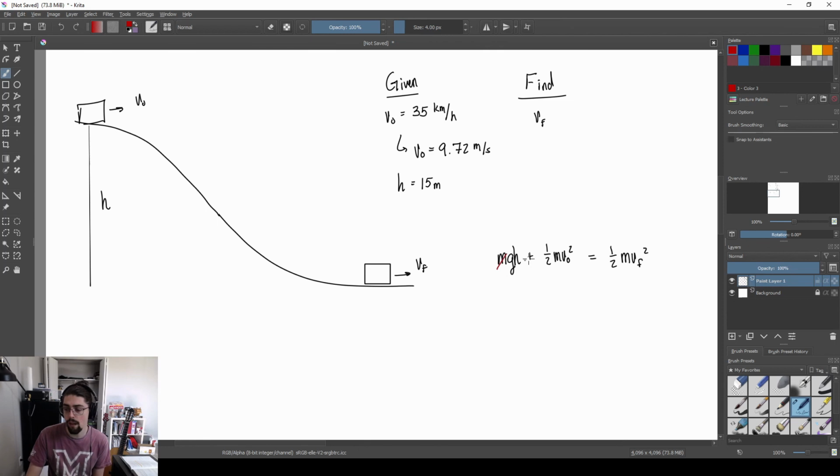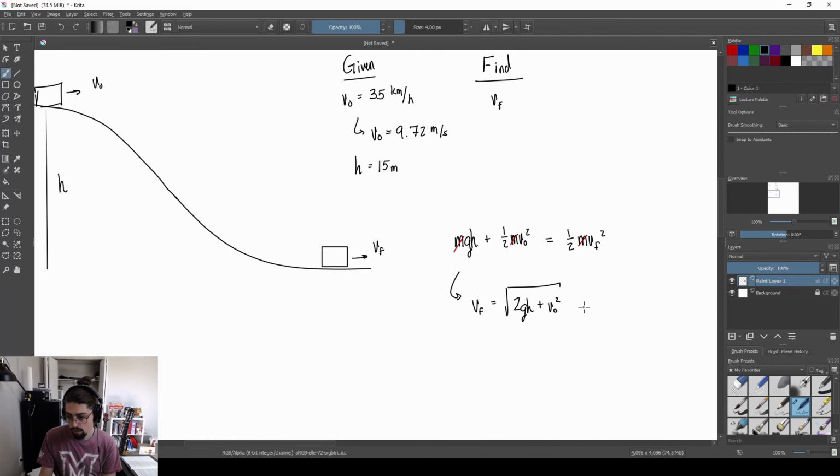We don't need the mass, it cancels out. I'm looking for vf squared, so I multiply everything by 2, then take the square root of everything. That is, vf is equal to the square root of 2gh plus v0 squared, square root of that entire thing.